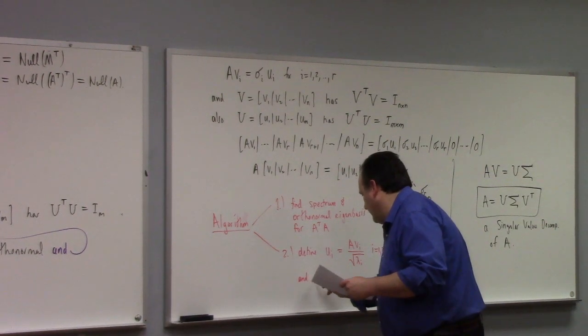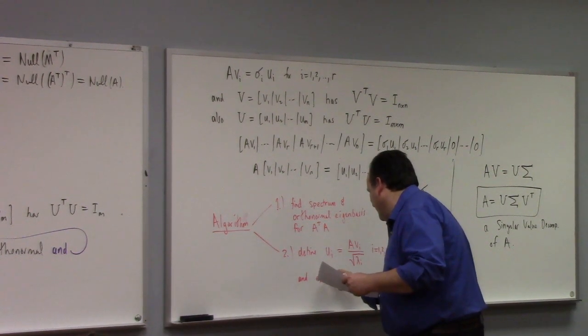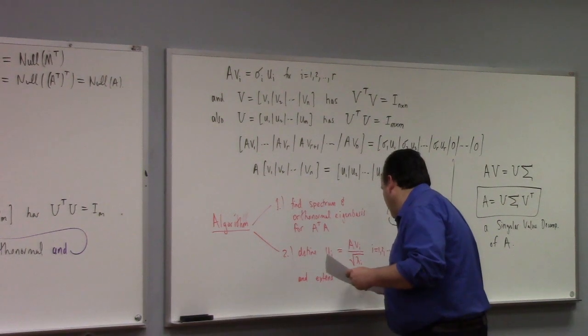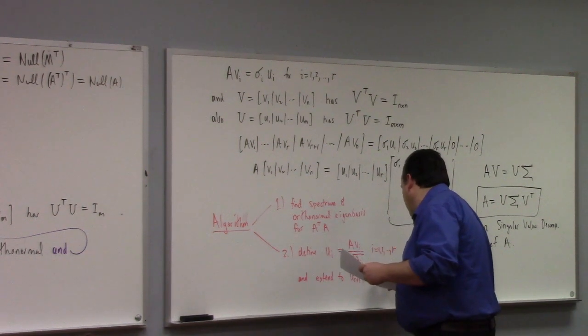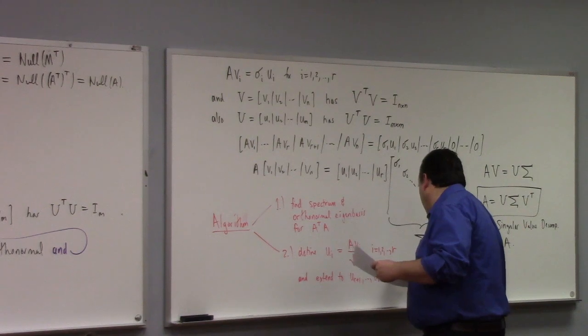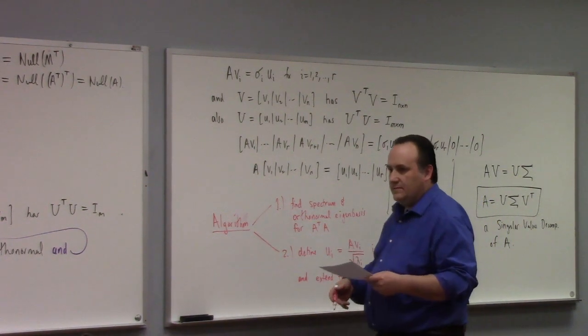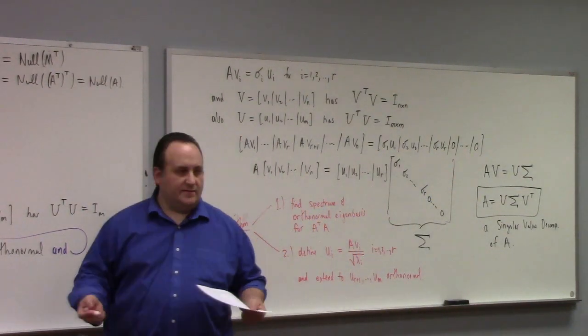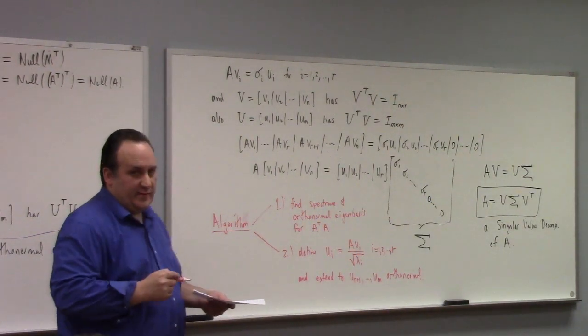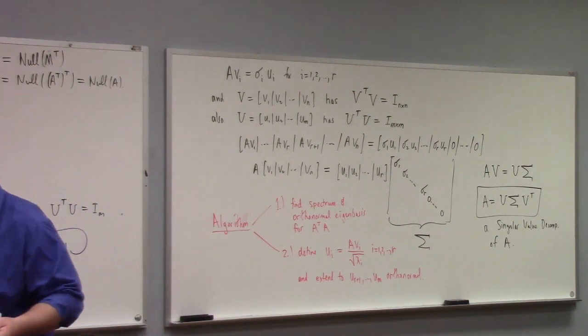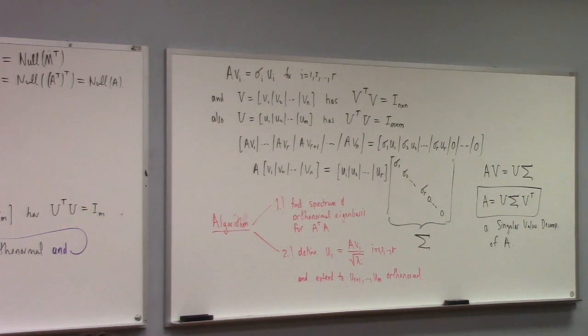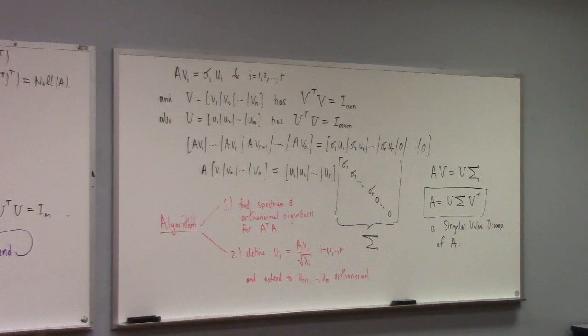And this is the ugly part: extend to u_{r+1}, ..., u_m orthonormal, if needed. I guess step 3 is write down the boxed formula over there. That's it. This is not unique, and the reason it's not unique, in part, at least the part I understand, is that the orthonormal extension need not be unique.